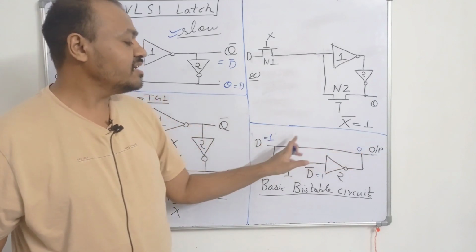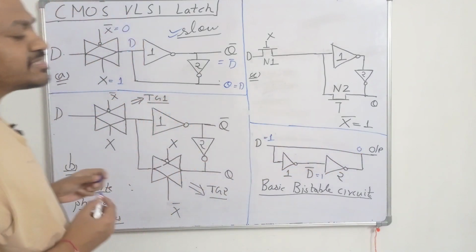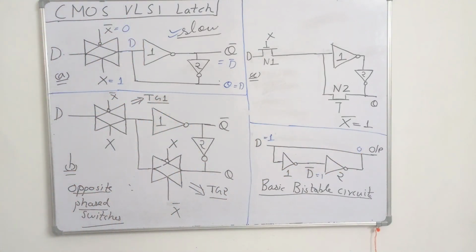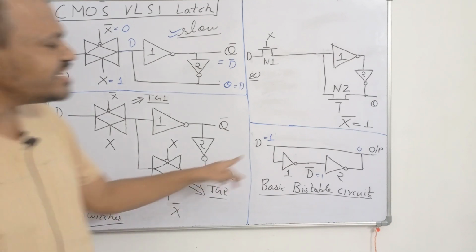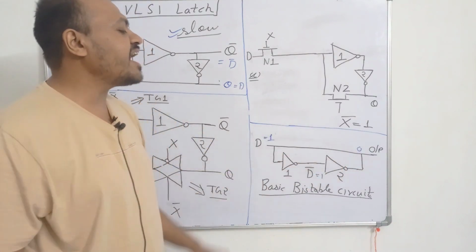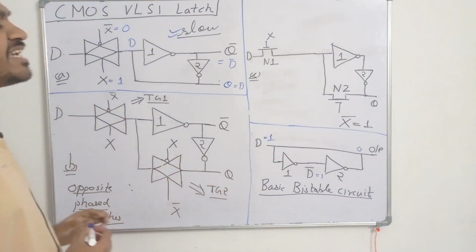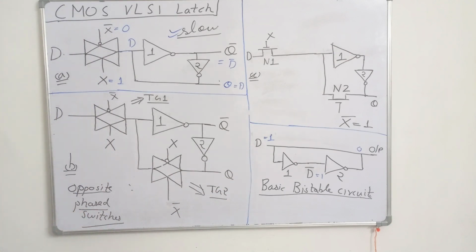So there is a change in the charge stored, and this circuit will try to oppose this transition. This feedback loop is trying to oppose the transition in the stored charge.